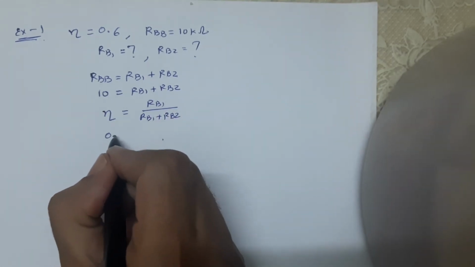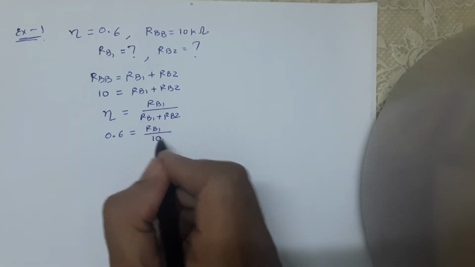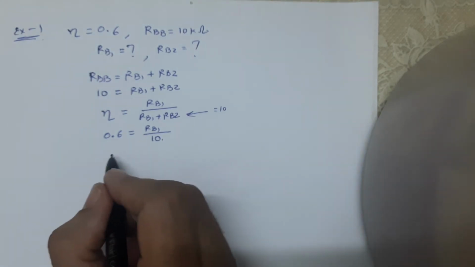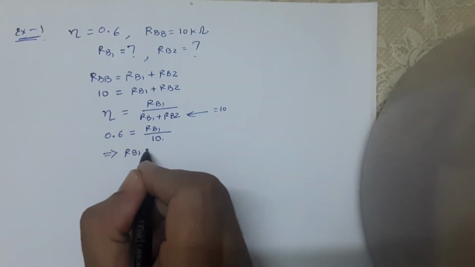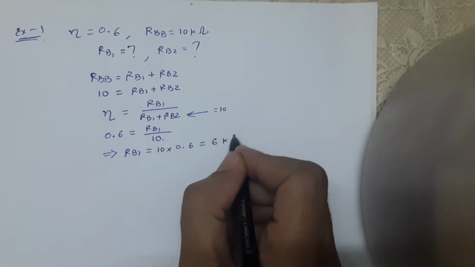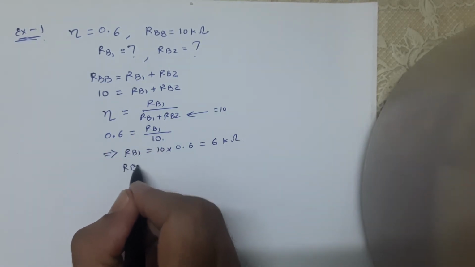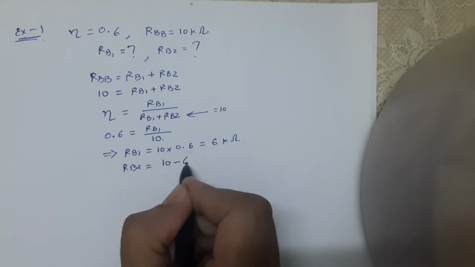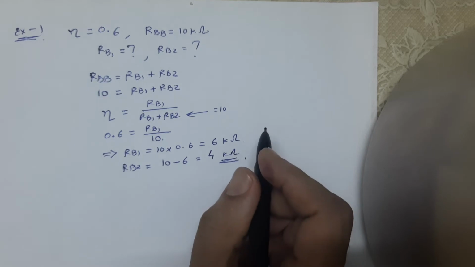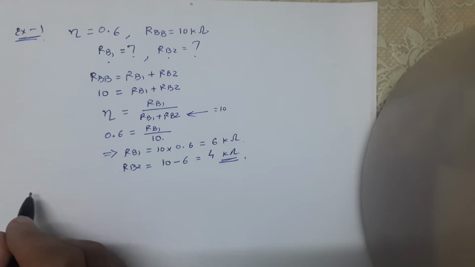That means 0.6 is equal to RB1 upon 10. Therefore, RB1 is equal to 10 into 0.6, that is equal to 6 kilo ohm. If RB1 is equal to 6 kilo ohm, then RB2 is equal to 10 minus 6, that is equal to 4 kilo ohm. In this way, we find out RB1 and RB2.